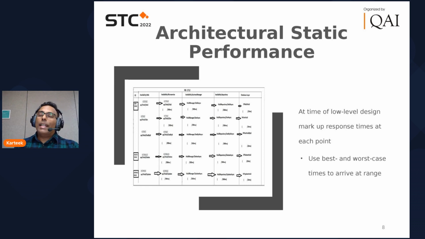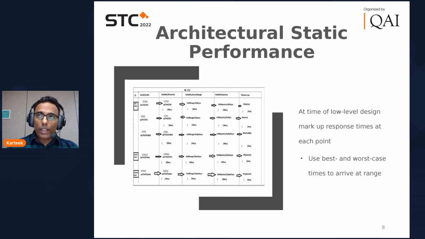Once we have defined the failure modes for each component, we go back and do the architectural static performance analysis, where we want to analyze what communication points within my application architecture can become a bottleneck and impact the latency goals, where I want to do auto scaling in terms of enabling HPA, or where vertical scaling needs to be done, so that we can come up with the best and worst case times and then build a solution around it.